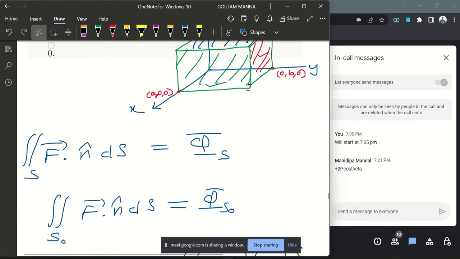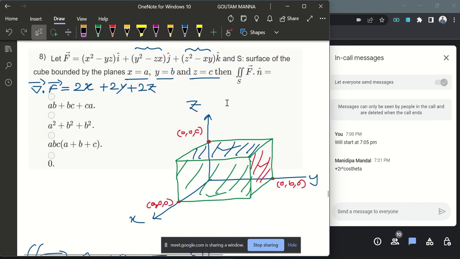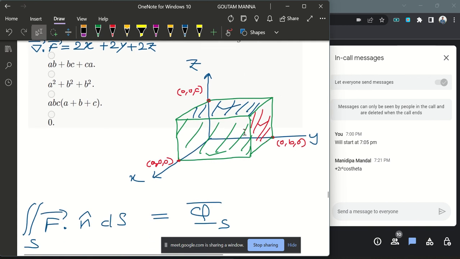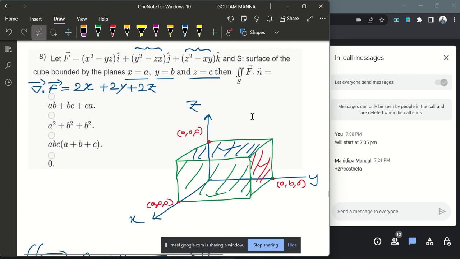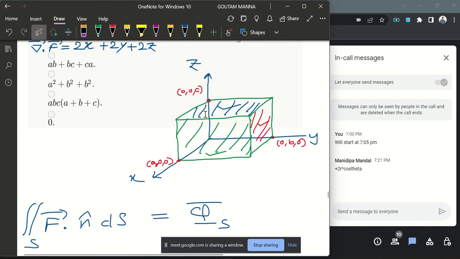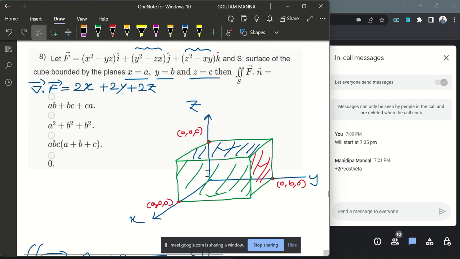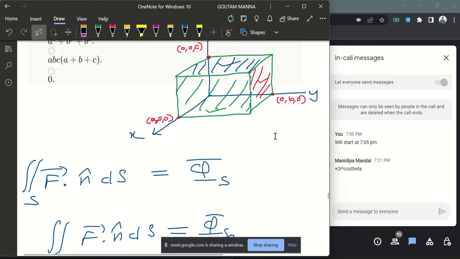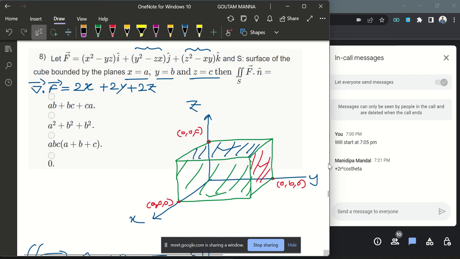But now, if you notice here, for the yz plane, the normal vector will be along the x-axis.